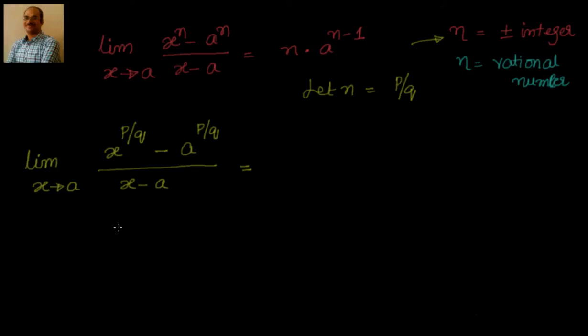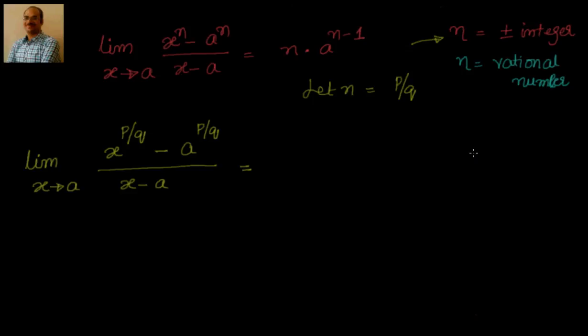Now we know that when the power is a positive integer, we know how to apply the formula, because that holds good, and it's equal to n into a to the power of n minus 1. So we have to convert this rational number into a positive power. That means I have to substitute x with some other value. For that, I'll do a small work here.